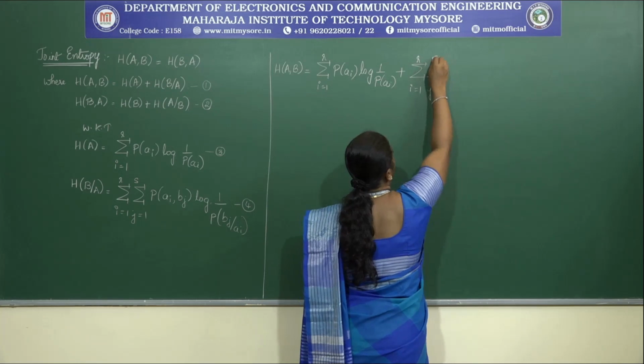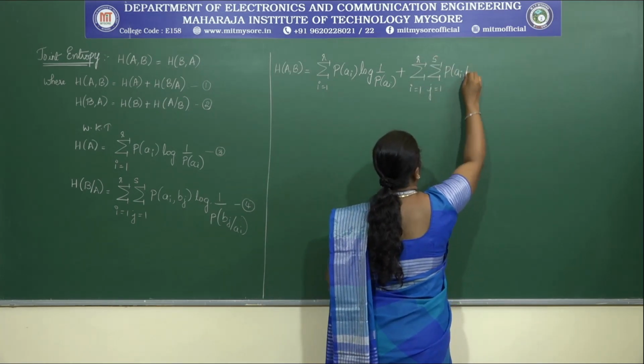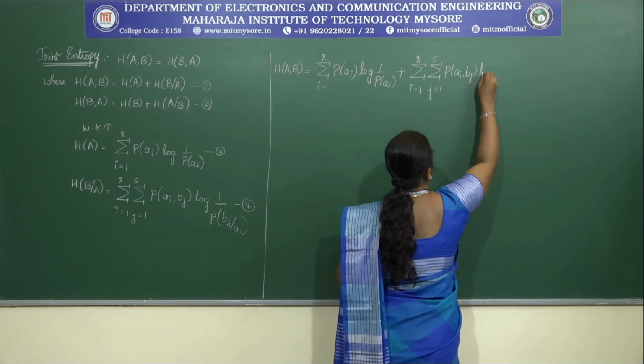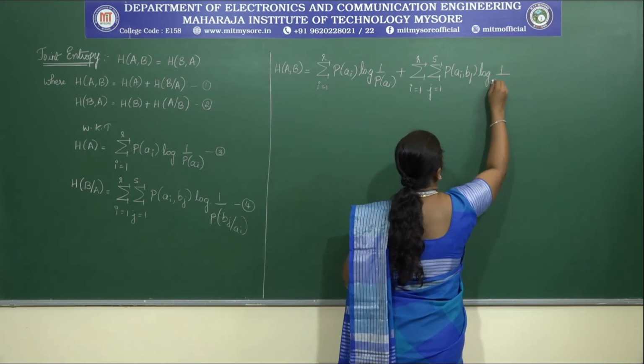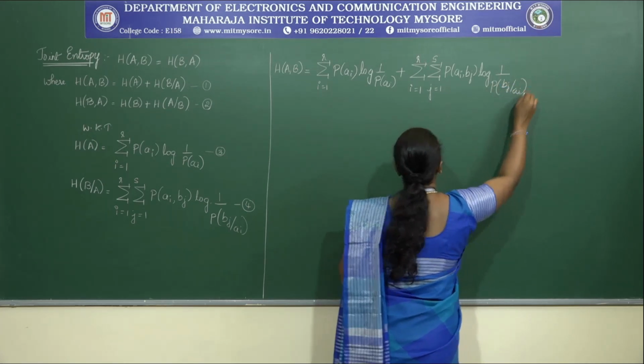J is equal to 1 to S P of AI comma Bj log of 1 by P of Bj by AI.